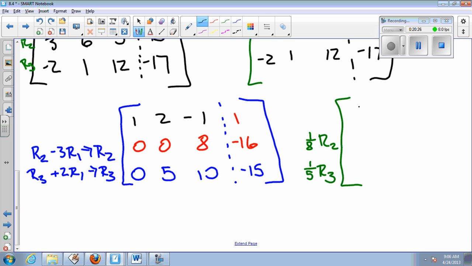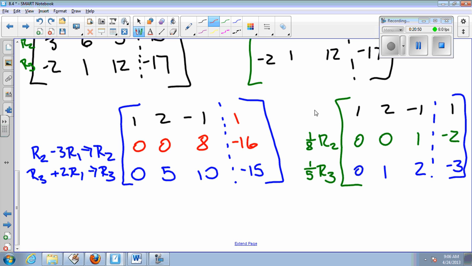Row 1 stays the same. Row 2 goes to 0, 0, 1, negative 2. Row 3 goes to 0, 1, 2, negative 3.